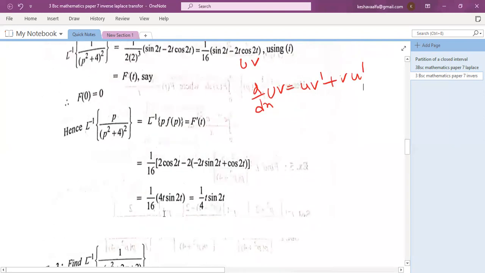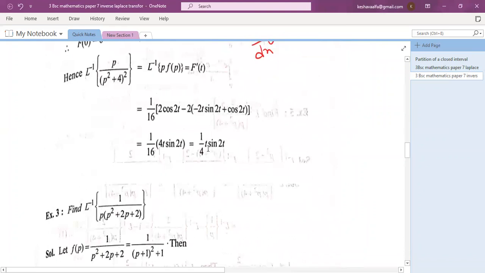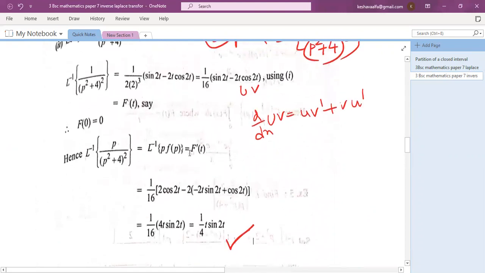So we get 1 by 16 into 4t sin 2t, that is 1 by 4 t sin 2t. So easily we can solve L inverse of p by (p square plus 4) whole square.